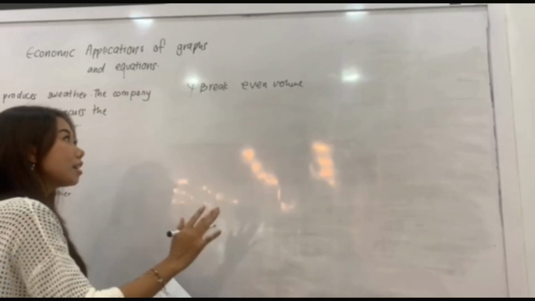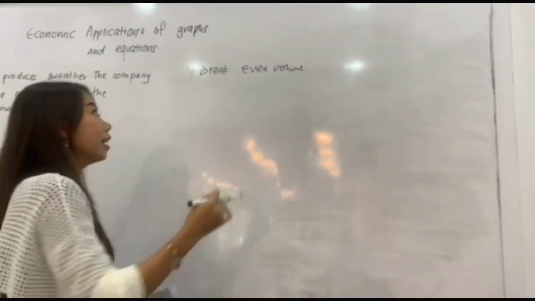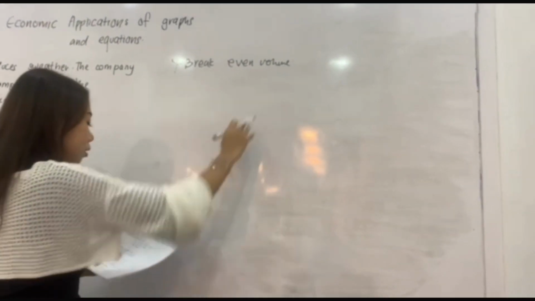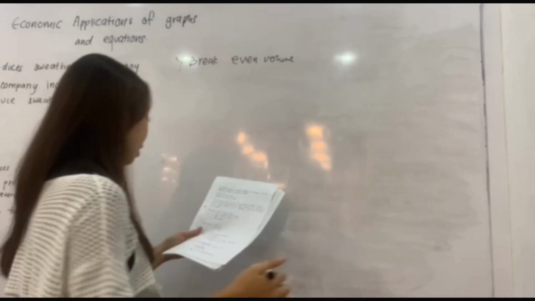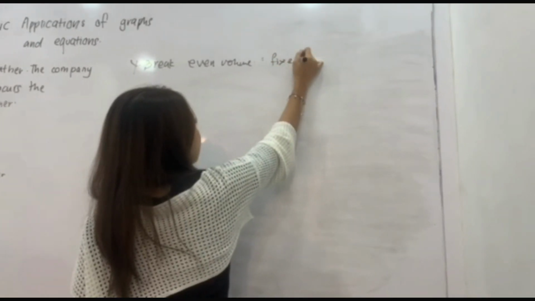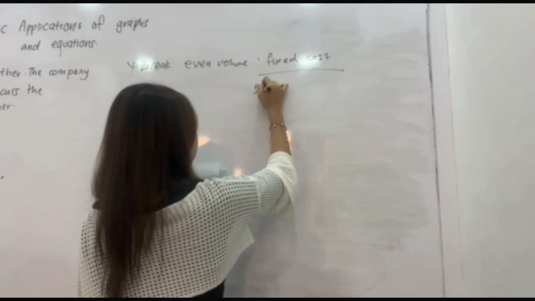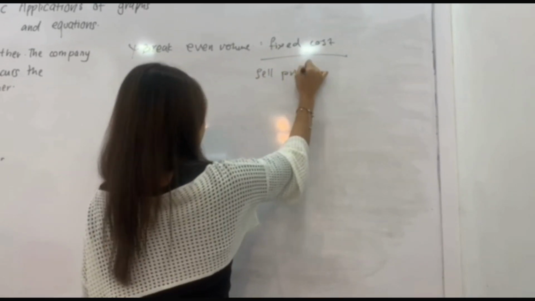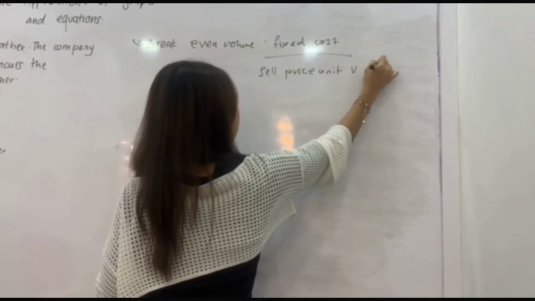So for the last part of this question, we need to get break-even volume. So how do we get break-even volume? We need to do fixed cost divide by sell price per unit minus variable cost.